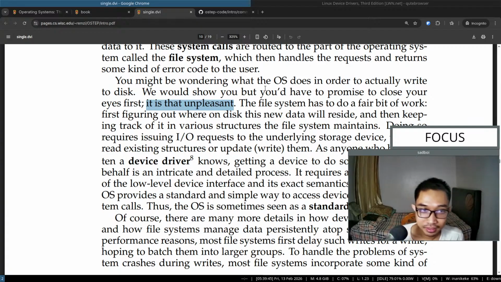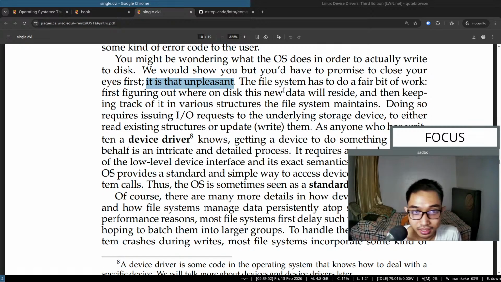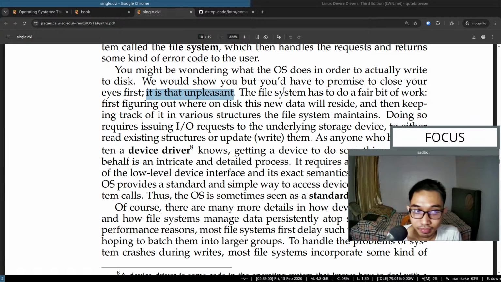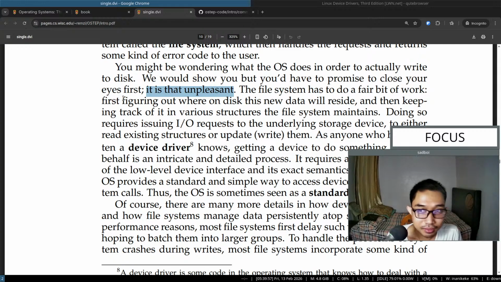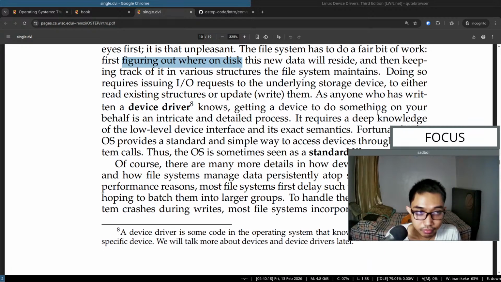Brace yourselves, everyone. The file system has to do a fair bit of work. First, figuring out where on disk this new data will reside, and then keeping track of it in various structures the file system maintains.